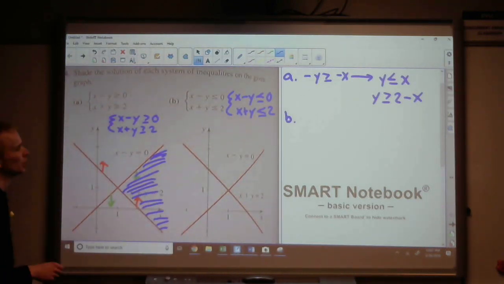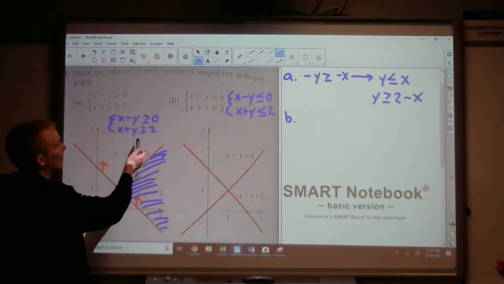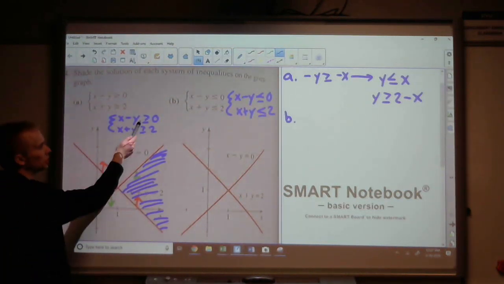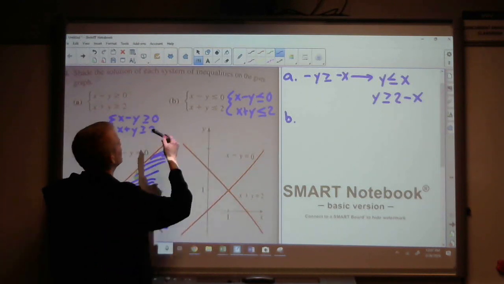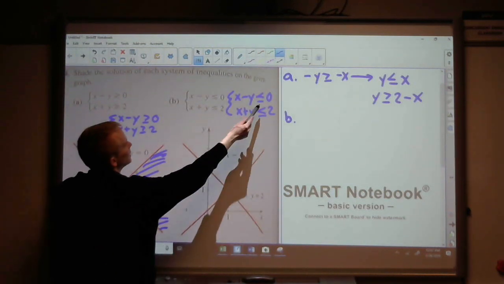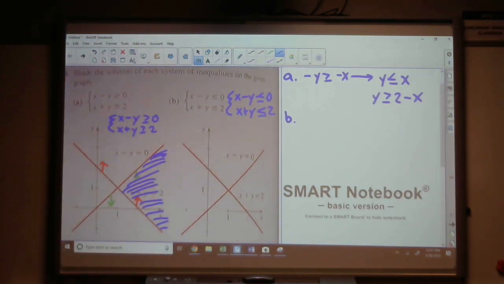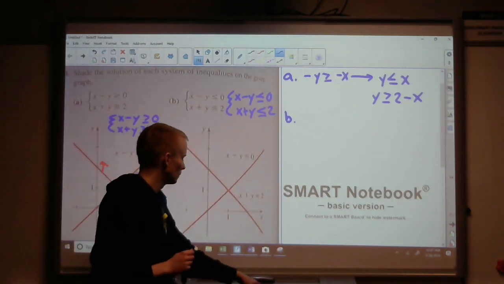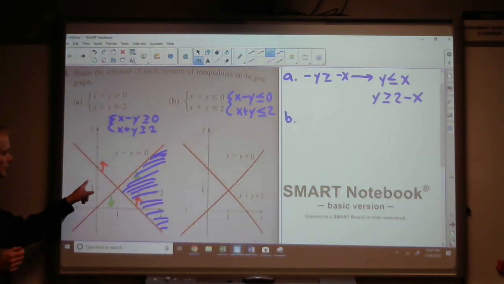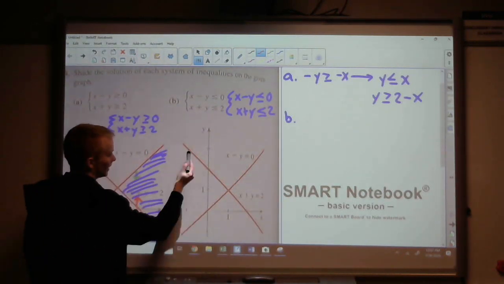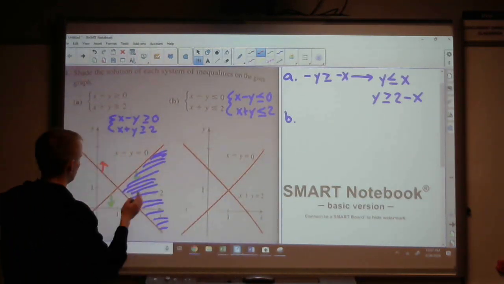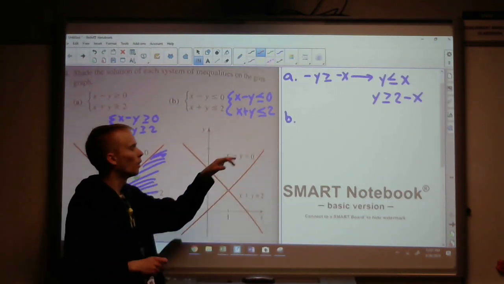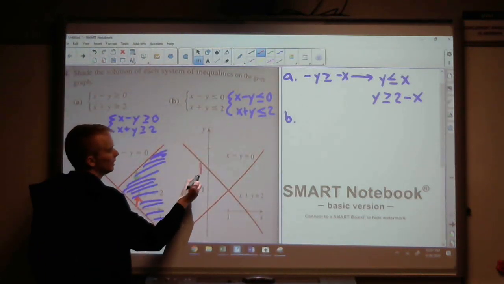So how did I change this? I just flipped both of those inequalities, okay? So I changed these ones from being greater thans to being less than or equal tos. And when I switch both of them, what that's going to do is this line before on this one was above the line, but when I switch the inequality, it's going to make it below the line.